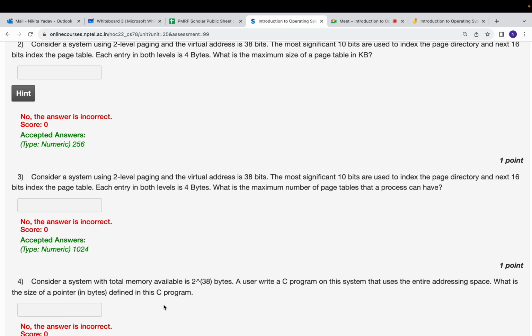What is the size of a pointer in bytes defined in the C program? So if your C program can access 2 to power 32 bytes of memory, then what will be the size of pointer in bytes?